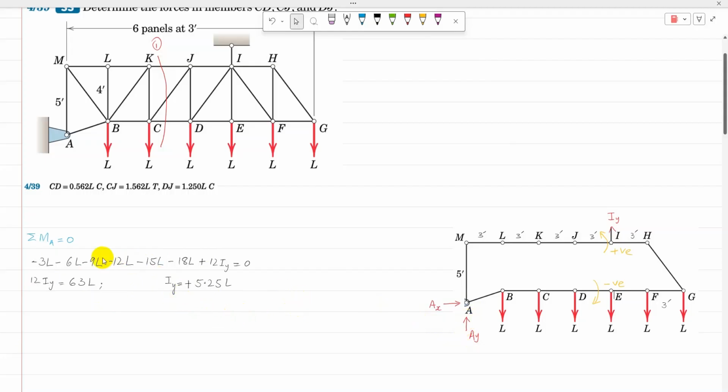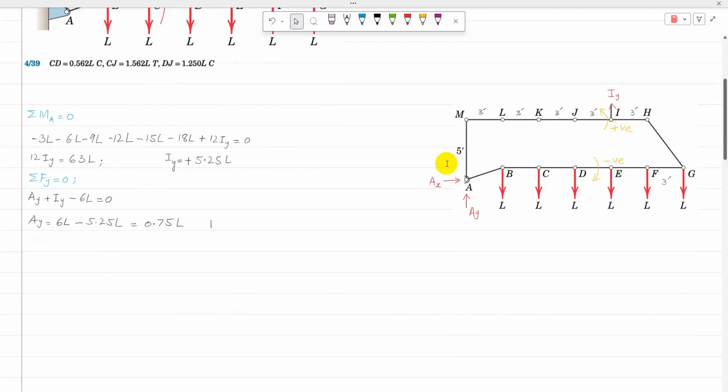Then I'll go for sigma Fy equal to 0. Ay is acting vertically upward, so that is positive. Iy is acting vertically upward, that is positive. And all those six L's act vertically downward, so they are negative. So Ay plus Iy minus 6L equal to 0.